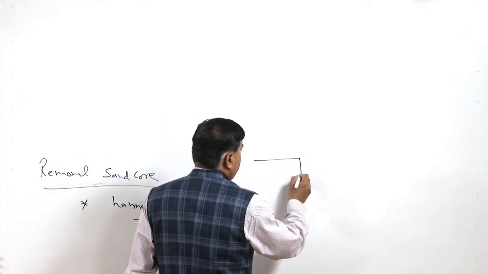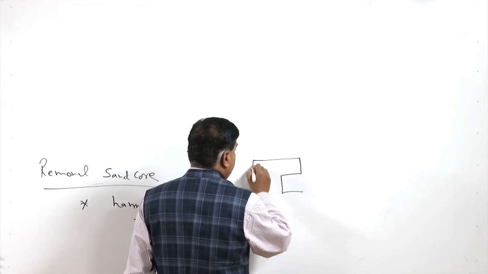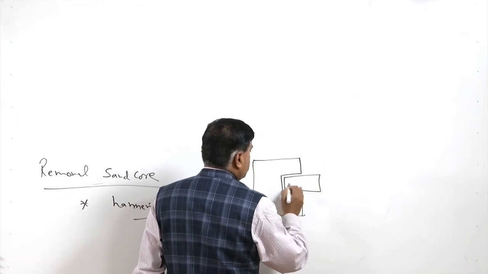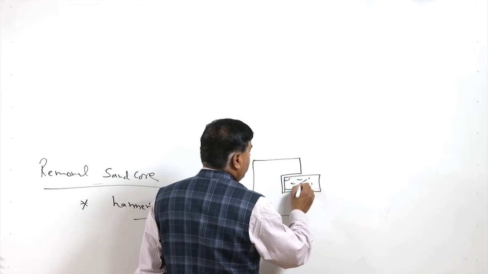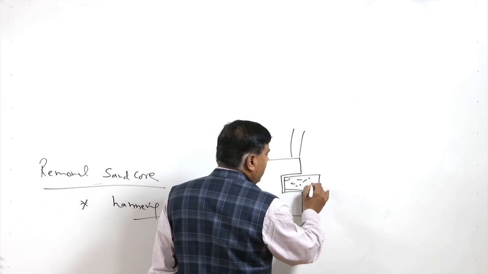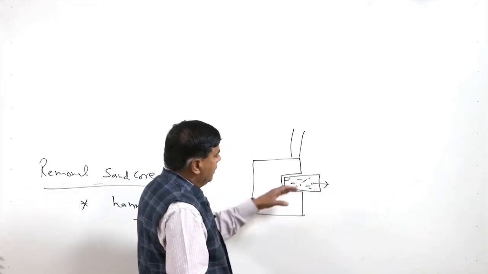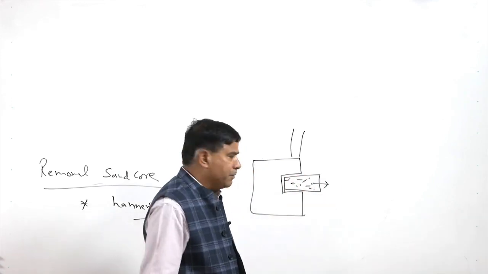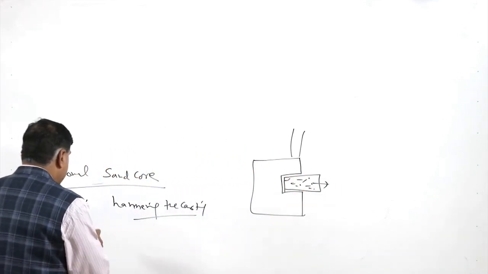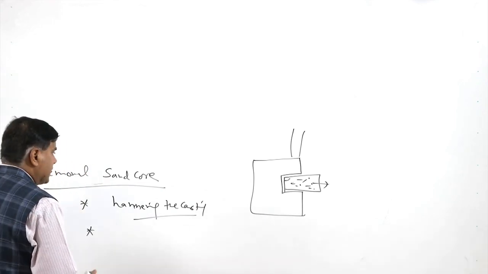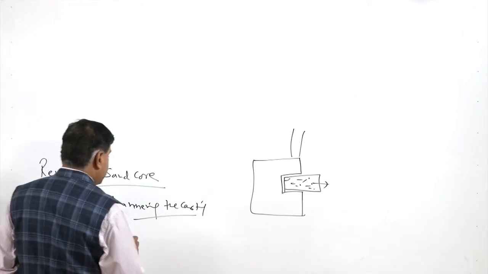For example, say this internal hole has been produced with the help of this sand core, so this sand core needs to be removed. By hammering the casting gently, the core inside the casting will break, and so the sand will automatically be removed. So knocking with the hammer helps in removing the sand core from the casting.